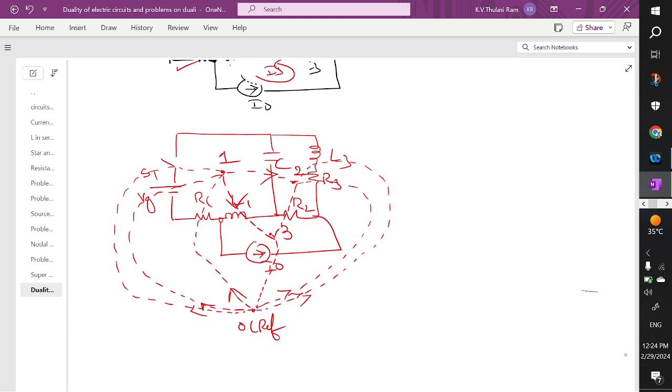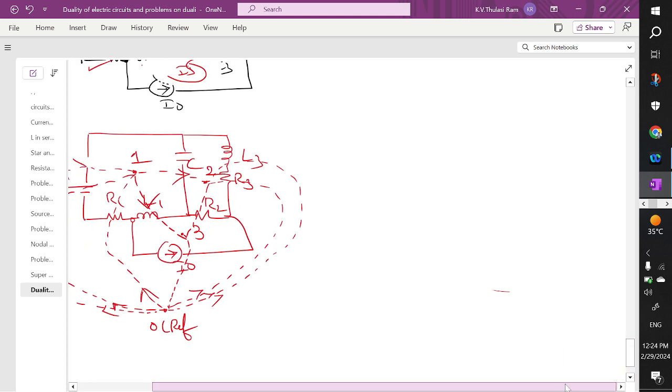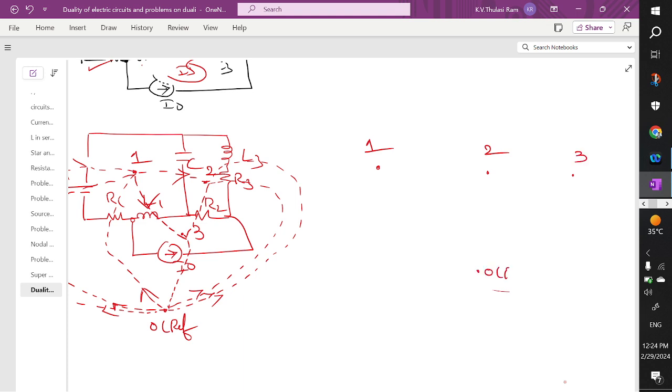Now we are going to draw the dual for this. So mark the nodes as 1, 2 and 3, and the reference is 0. Now between 1 and 2 you have a voltage source.